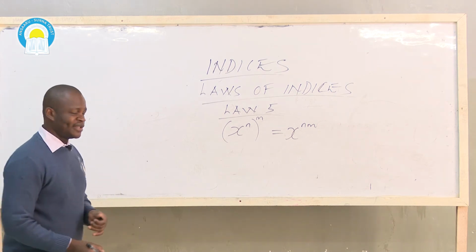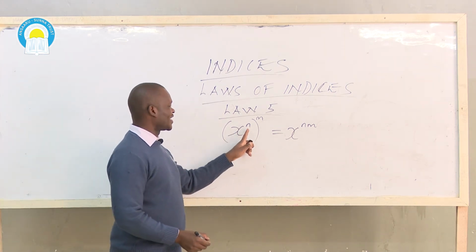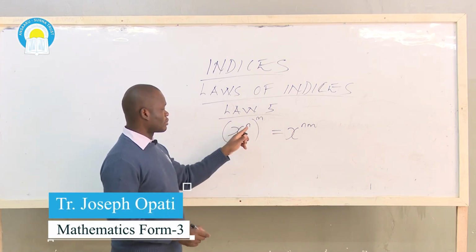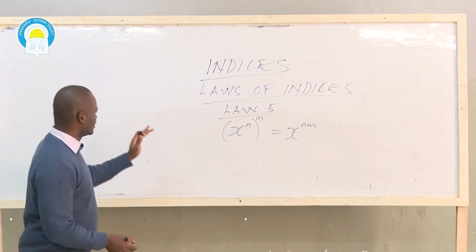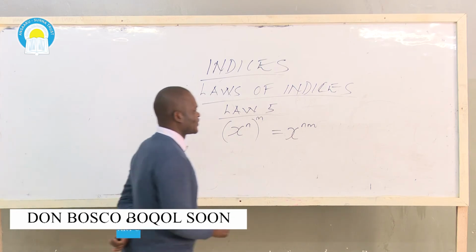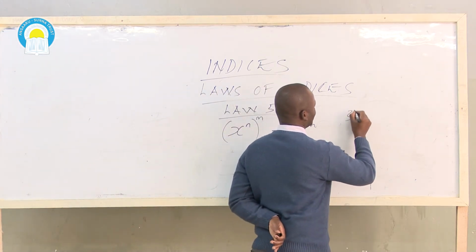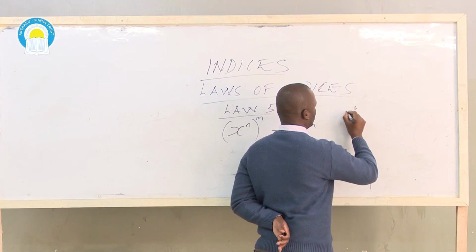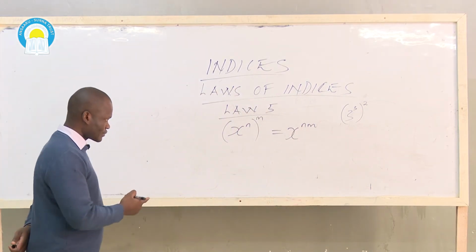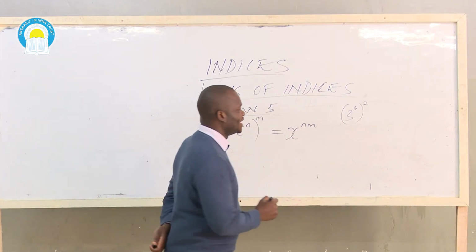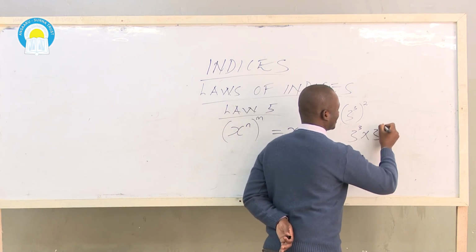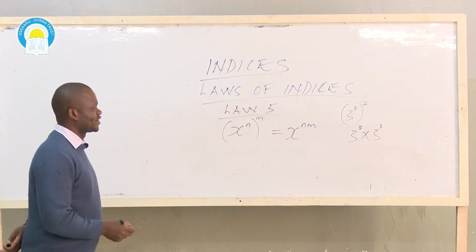How do you get nm? Simply multiply that index by that index. Both are powers or both are indices. Multiply n by m. Again, I give an illustration, then we go to examples. Illustration, I have 3 power 3, then raised to power 2. Now, using a long argument, this implies that we have 3 power 3 by itself, twice.